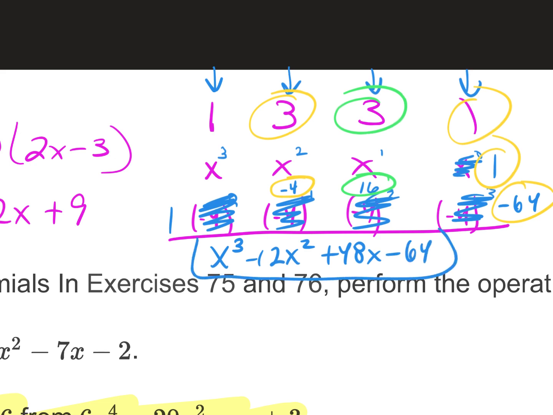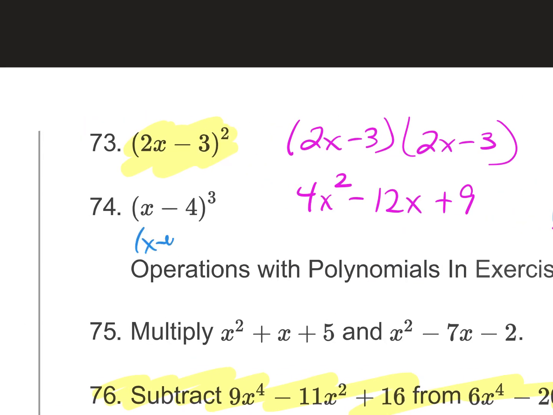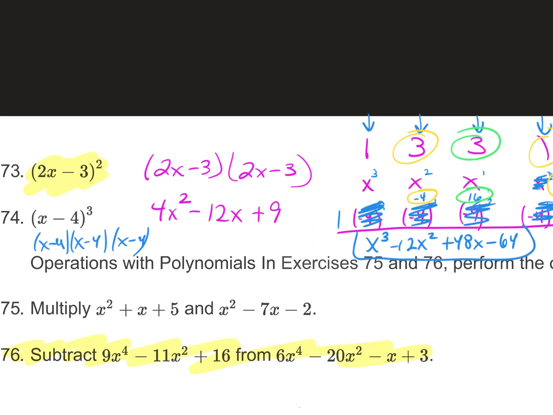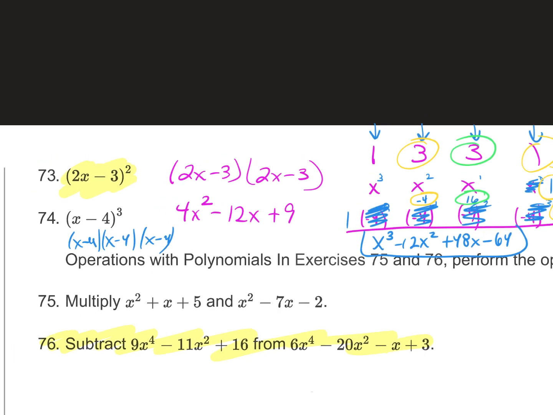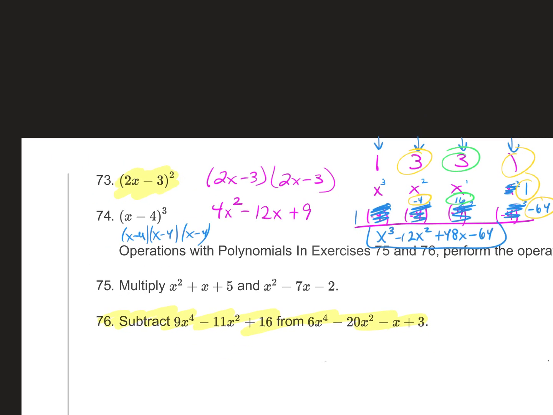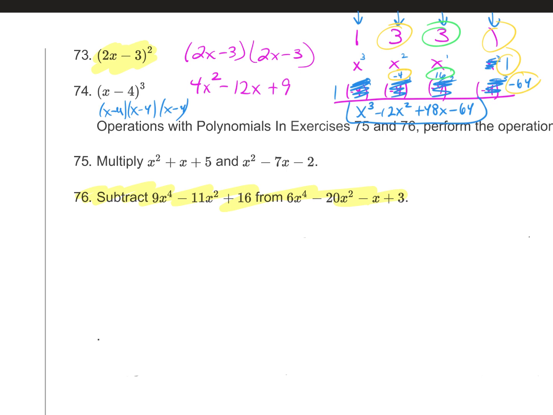And that would be the exact same thing if you got x minus 4 times x minus 4 times x minus 4. Knowing the pattern and being able to do the shortcut will save you a lot of time. All right, how do we feel? We're okay?